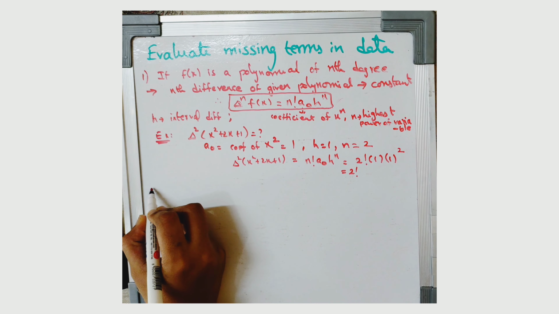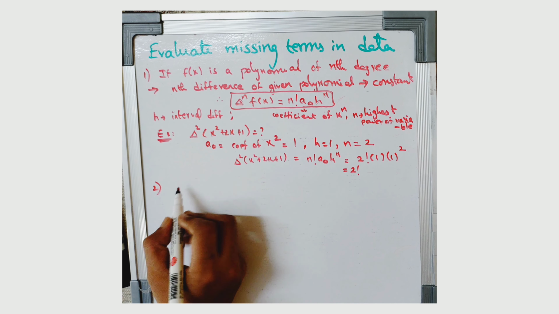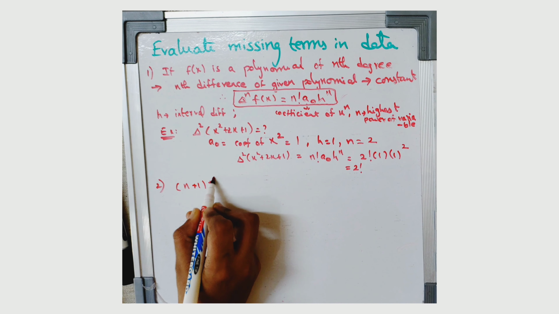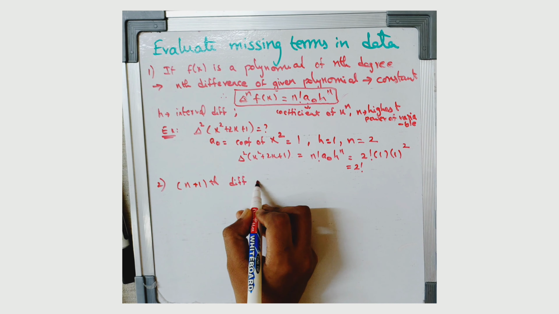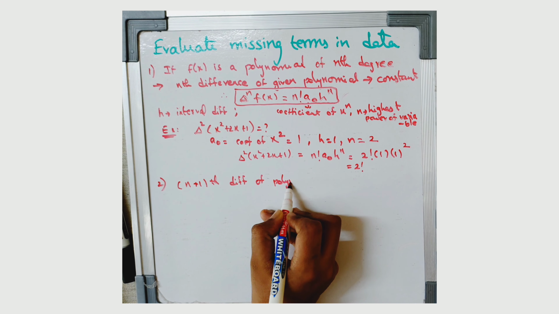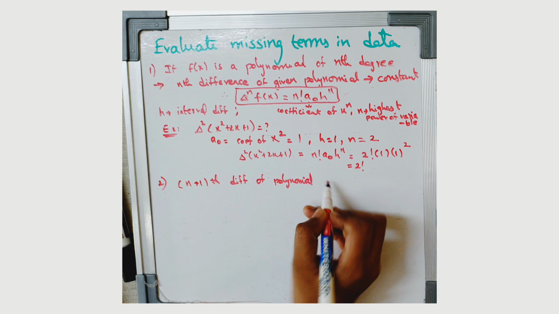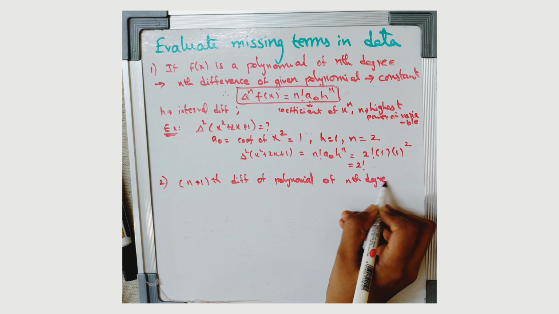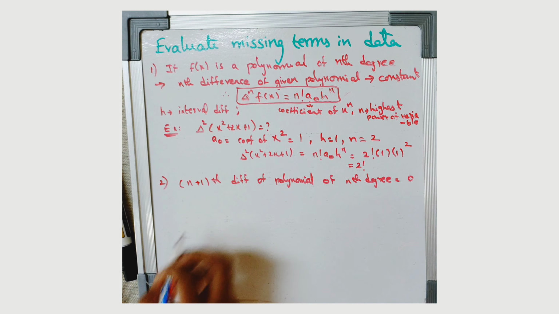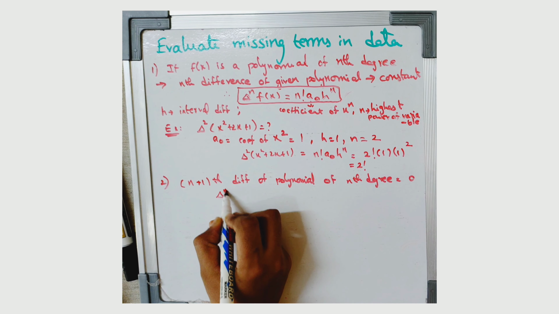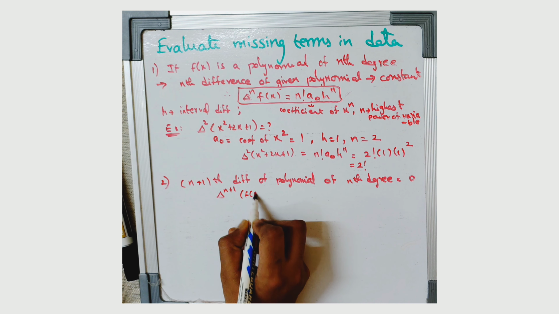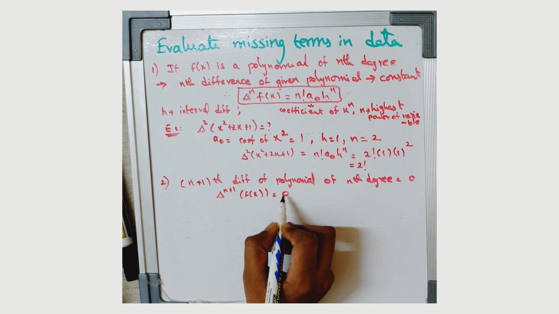Now again consider the second condition. Suppose here n is the difference, right? Suppose the n plus 1th difference of a polynomial of nth degree equals 0. That is delta power n plus 1 of f of x equals 0.